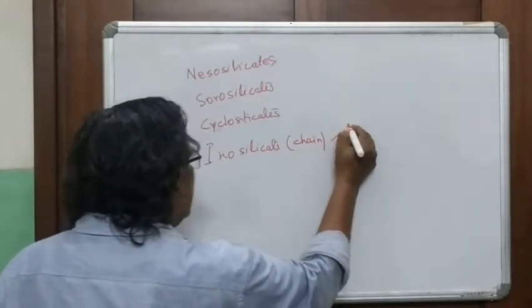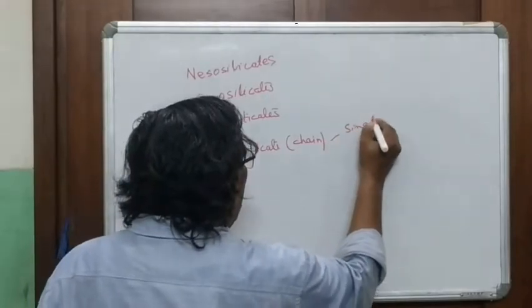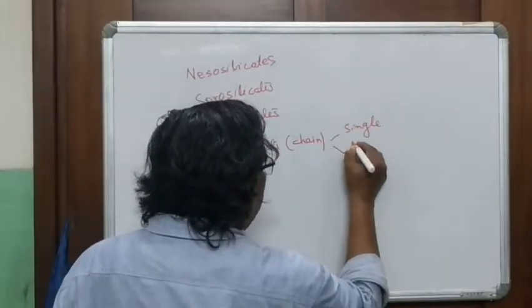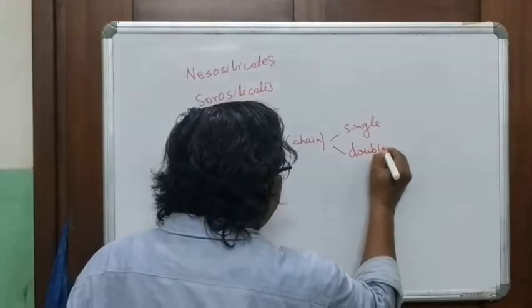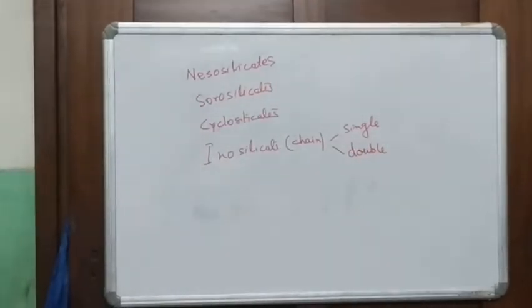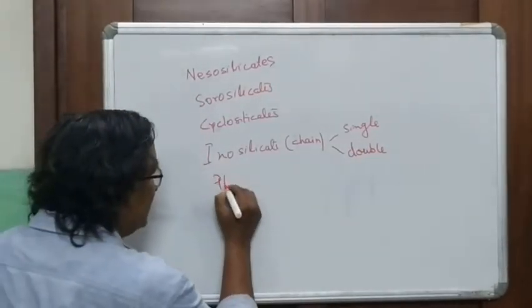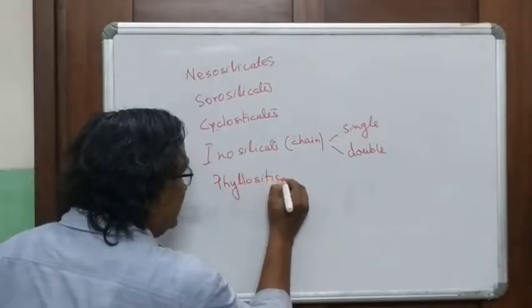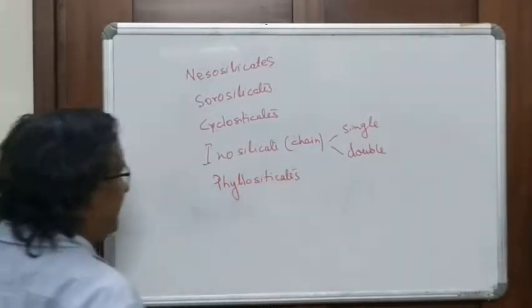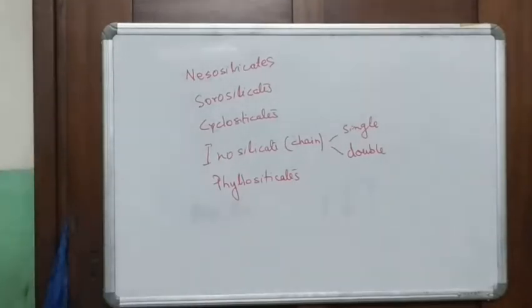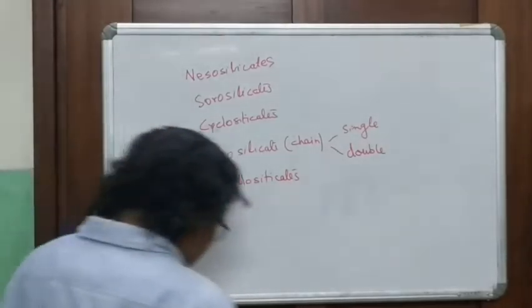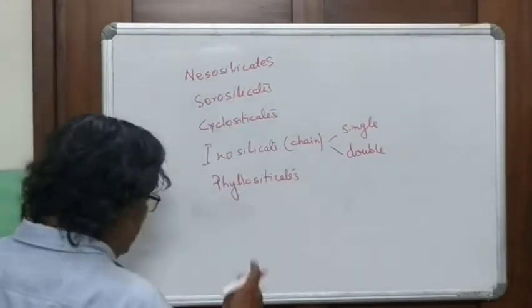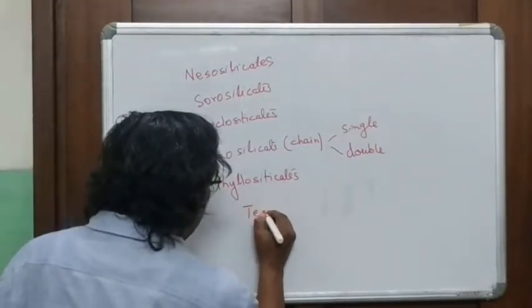You can have single chain and double chain silicates. And then you have phyllosilicates. You can see the arrangement in the PDF that I have given. These are some of the important silicates. Then you have, of course, the very famous tectosilicates.